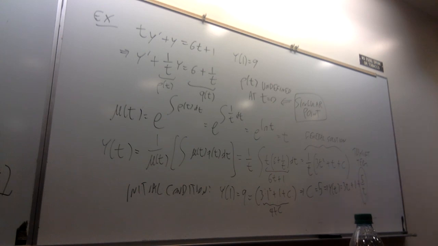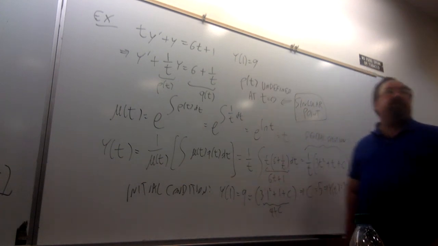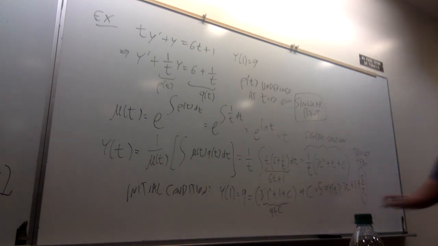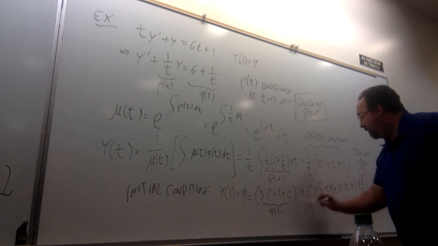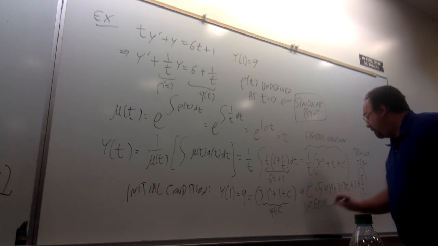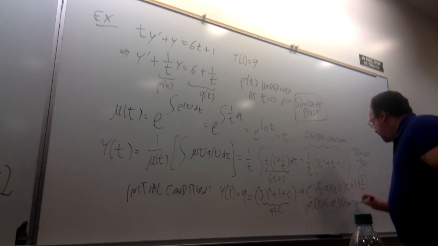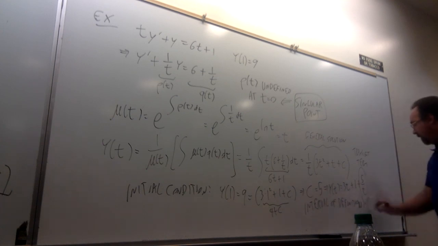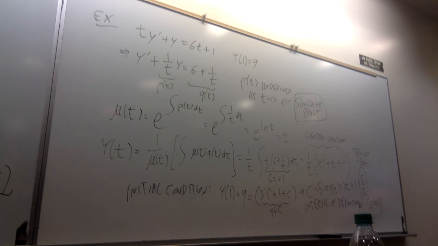Because t equals 0 is a singular point, we also see here that this solution will be undefined at t equals 0. The initial time here is t equals 1, which is positive, so we can say the interval of definition is from 0 to infinity, an open interval, excluding t equals 0, which is already known to be a singular point.